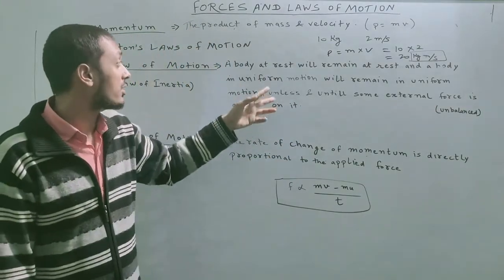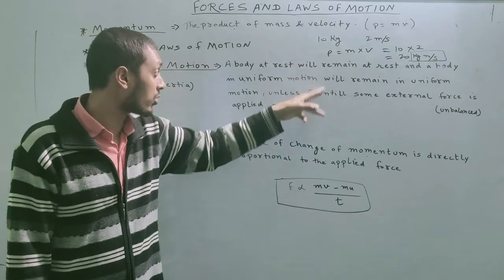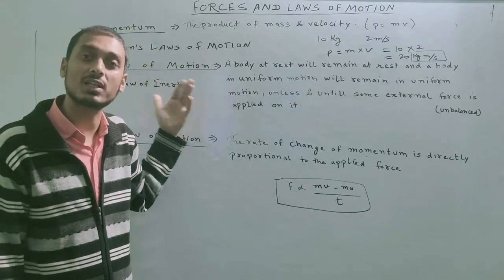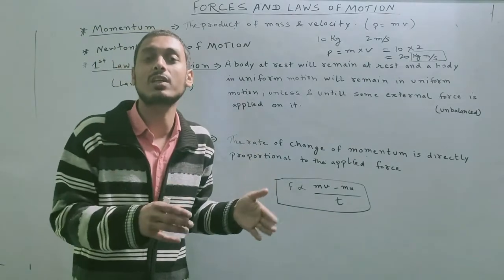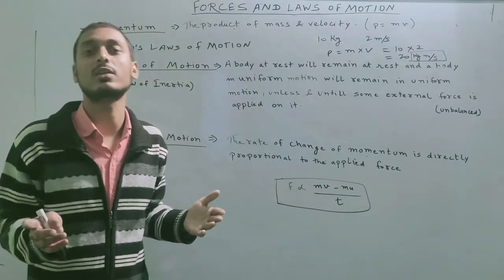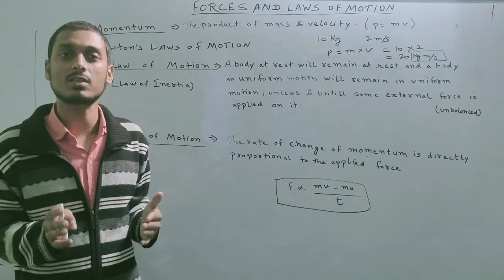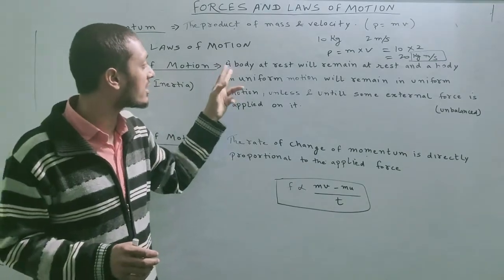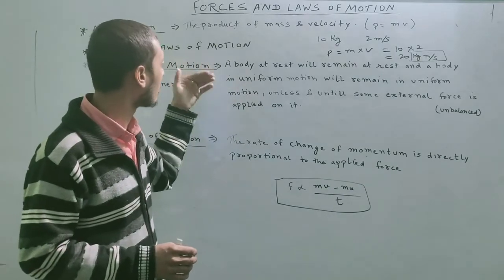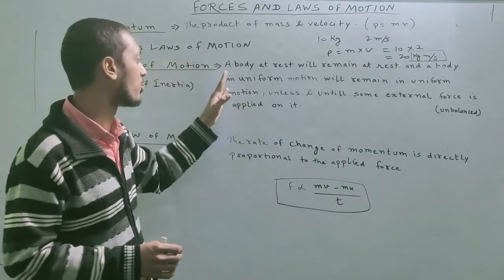Don't you think it looks similar to the inertia concept? Inertia also says that a body at rest will remain at rest, a body in motion will remain in motion unless some external force is applied on it. Likewise, it is the same.